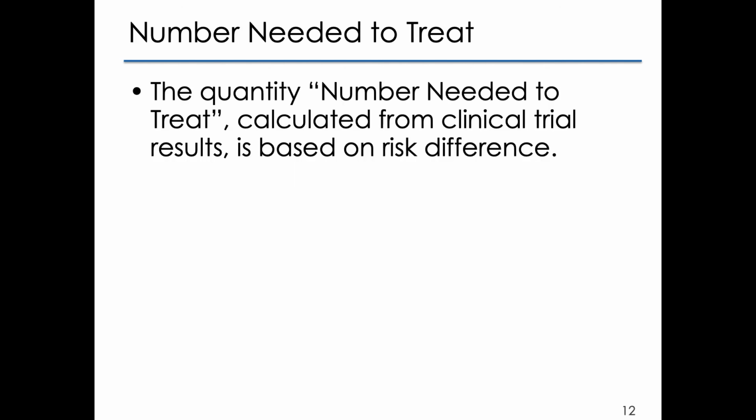And so this risk difference, I feel like I should mention, because people now in the clinical literature and randomized trials are more and more starting to report a quantity known as number needed to treat. And so the number needed to treat is calculated based on the risk difference.